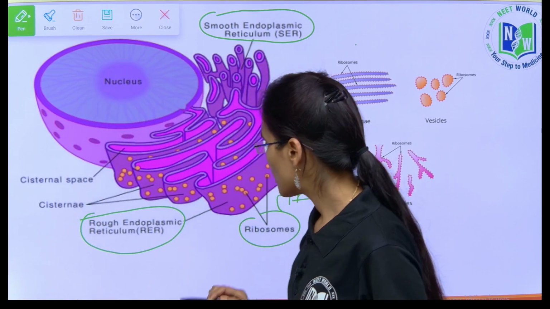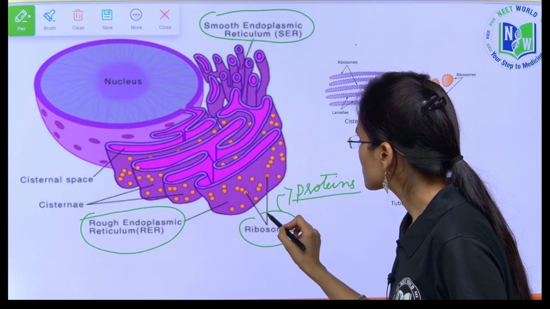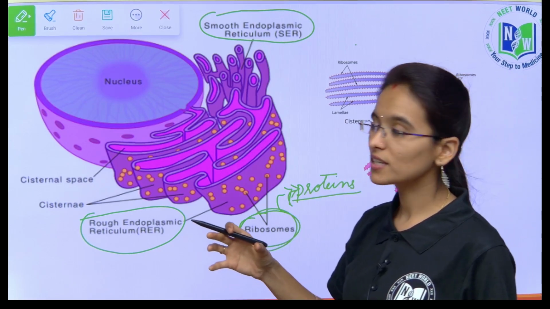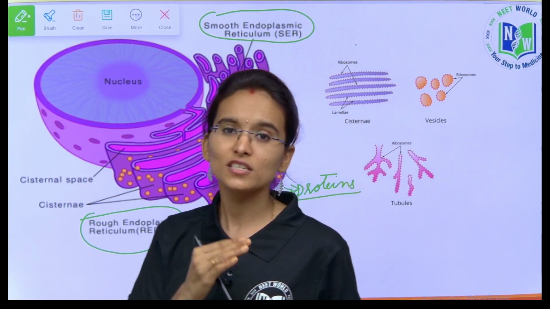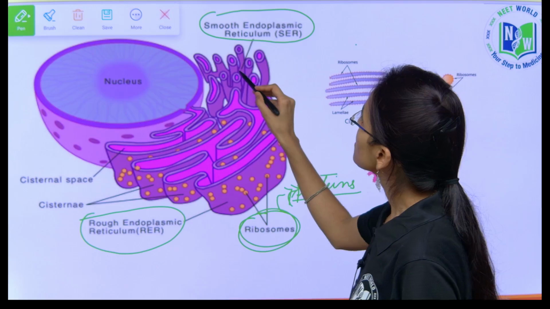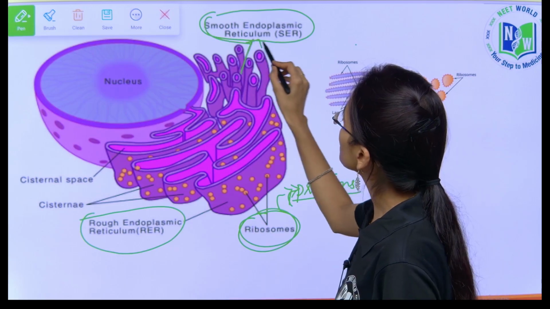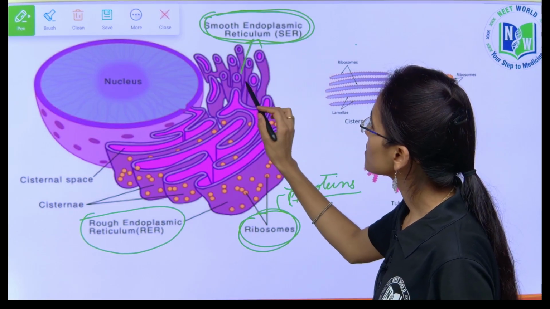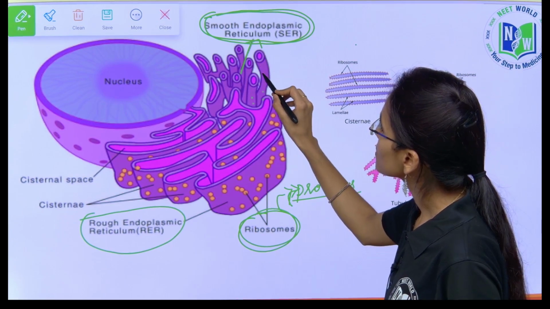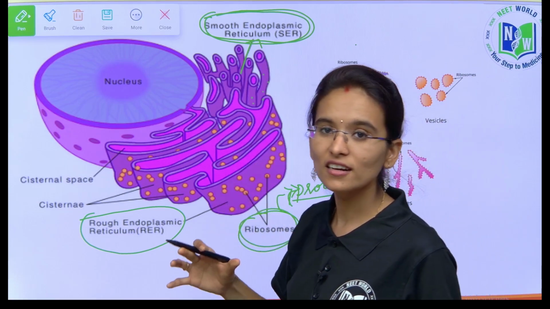Those are called ribosomes, which are involved in the synthesis of proteins, and the smooth structures present inside the endoplasmic reticulum are called smooth endoplasmic reticulum. In the smooth endoplasmic reticulum, we cannot find any rough or granular-like structures.